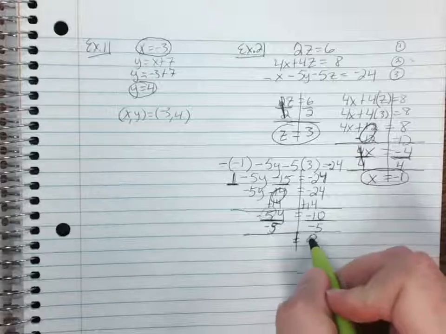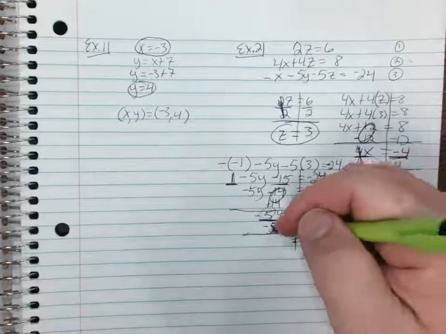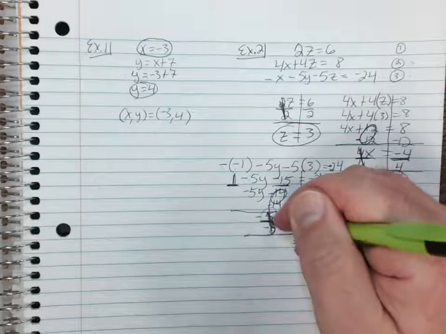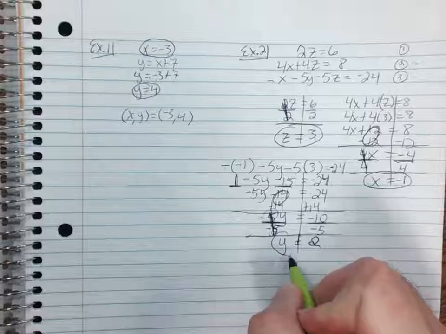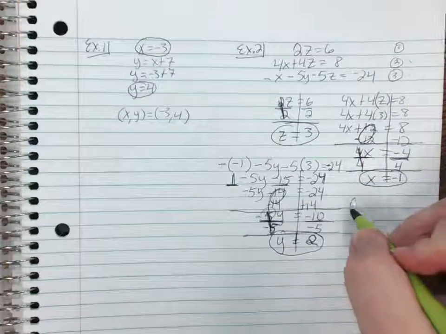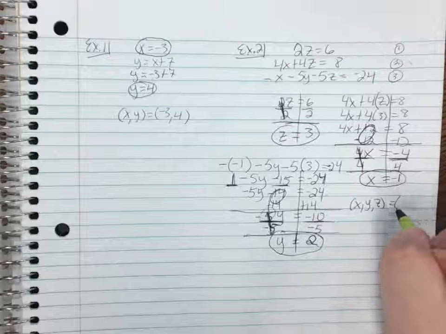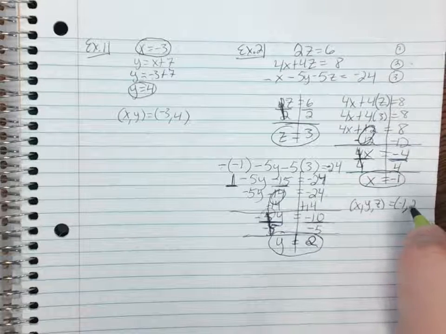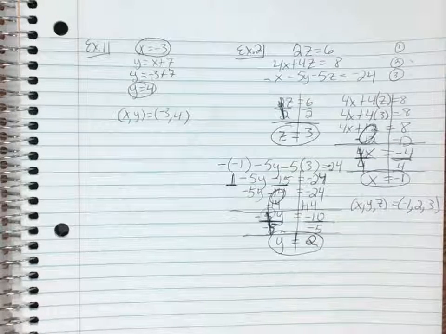That's a 2. Does not look like a very good 2. On the left, negative 5 divided by negative 5 is positive 1. 1 times y is y. So I now know that y is 2. So I can write out my solution. X, y, z equals negative 1, 2, and 3. There we go. All right.